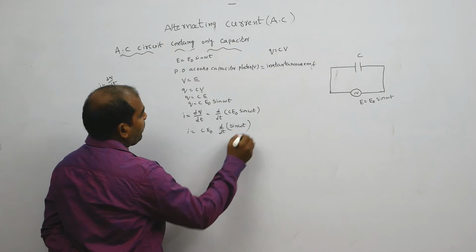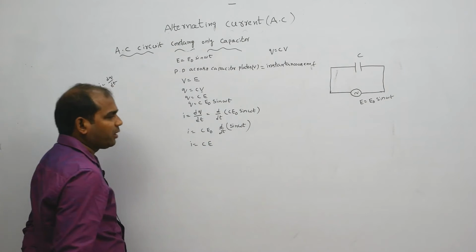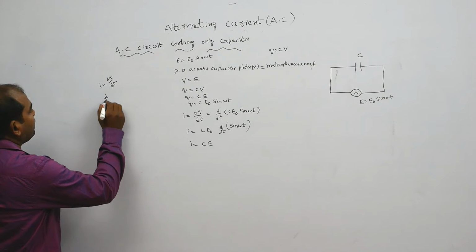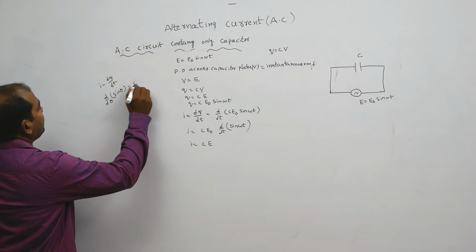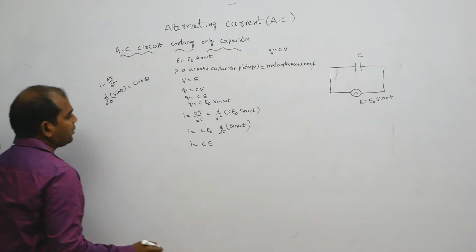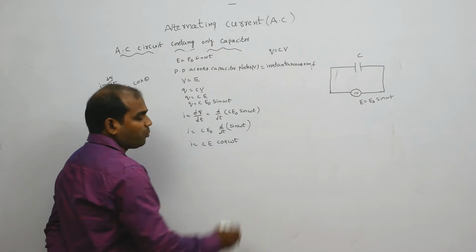sin omega t. See, d by d theta of sin theta, how much is it? It is equal to cos theta. So we can write cos omega t.